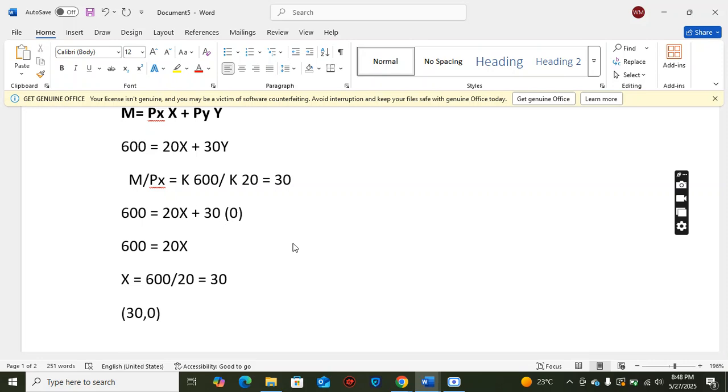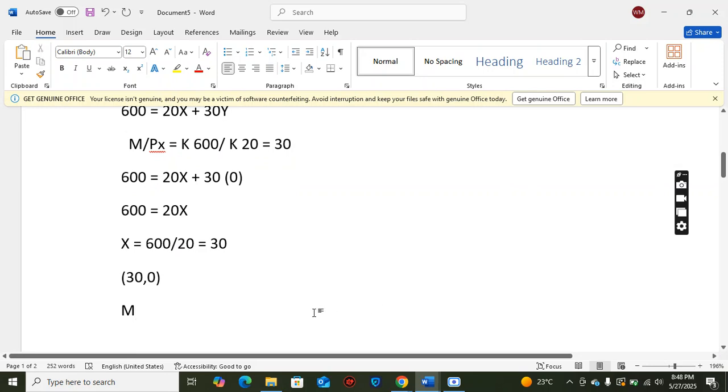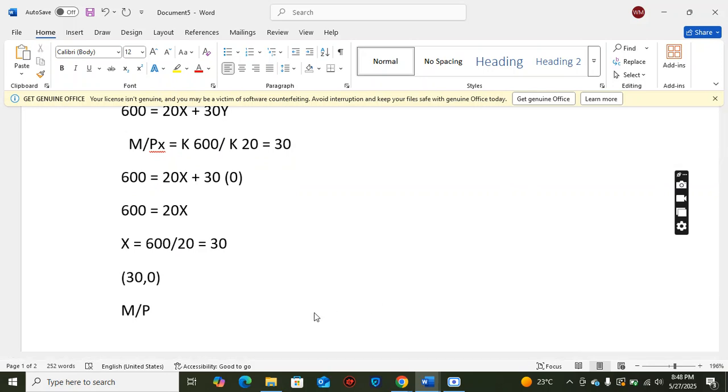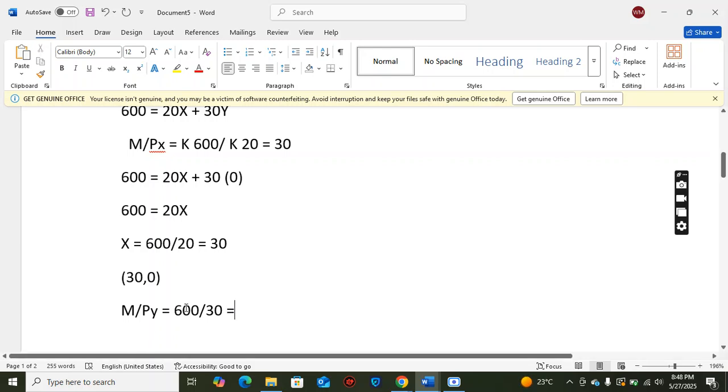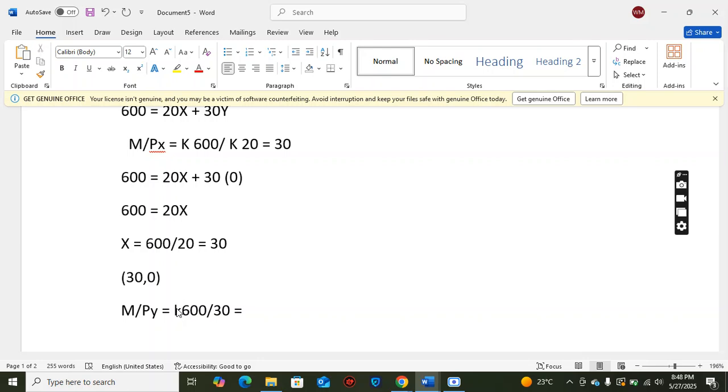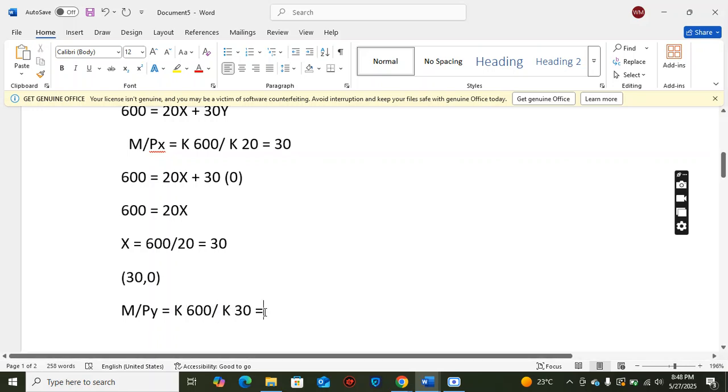Then if this person wants to buy only milk, it's just your income divided by the price of milk. So 600 kwacha divided by the price of milk, which is 30 kwacha. So 600 divided by 30 is 20.